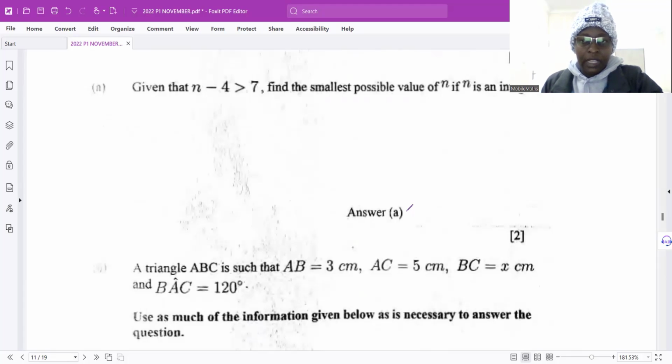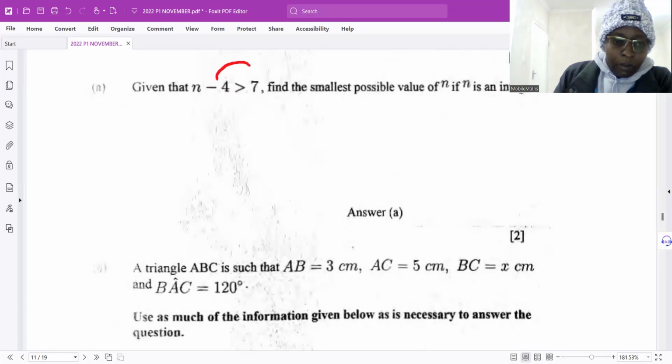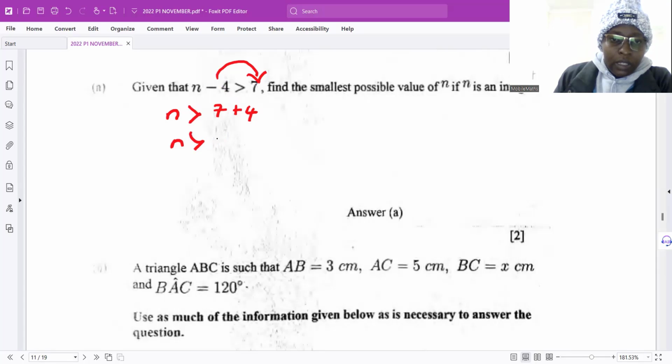Number 17 is saying n minus 4 is greater than 7. Find the smallest possible value of n if n is an integer. Okay, so we can take 4 to this side to be plus. So we get n is greater than 7 plus 4, that's 11.